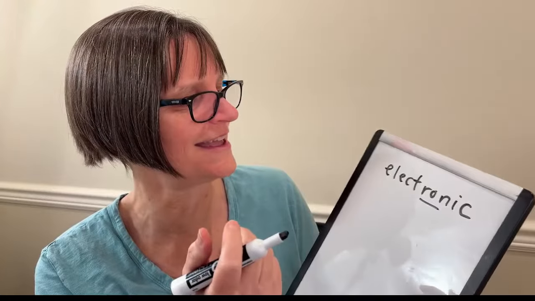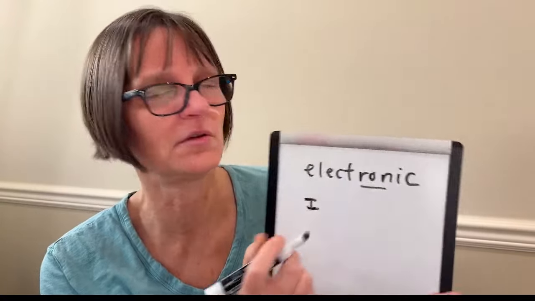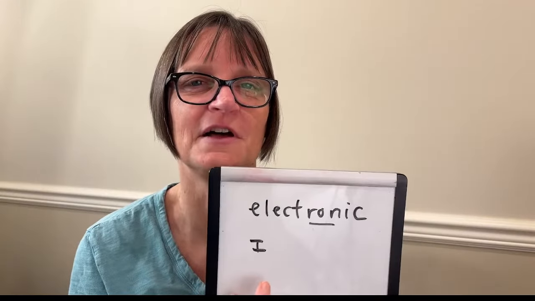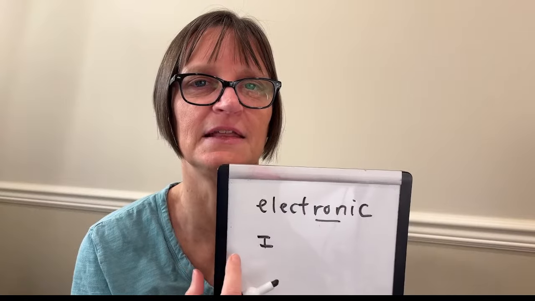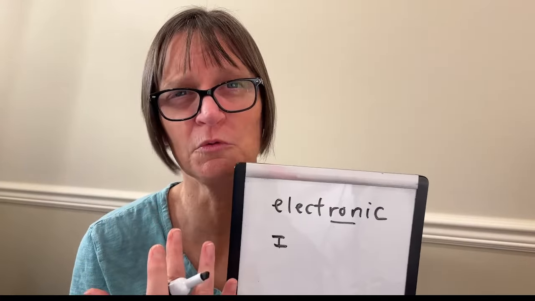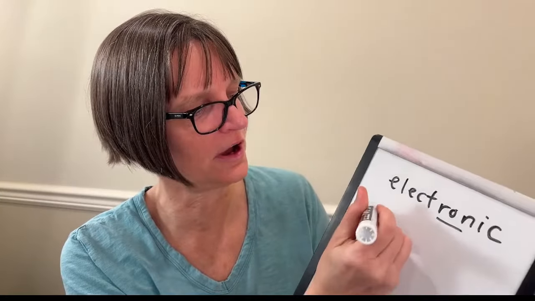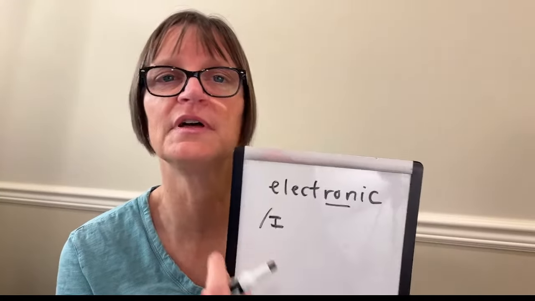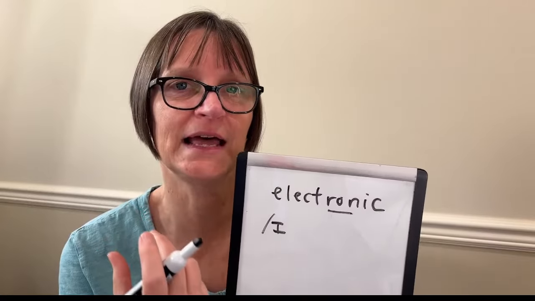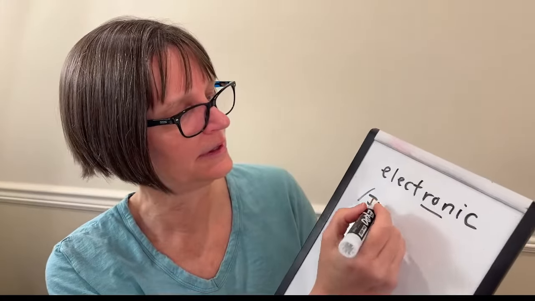Electron. No, it doesn't. Electronic. So it is just an I sound. I do think if people see this word and say it by themselves, they might be tempted to say electronic. But in connected speech, when we're really using it, electronic, it's a very short, unstressed I sound. Same with electric. You don't want electric, not my electric bill, but my electric bill.